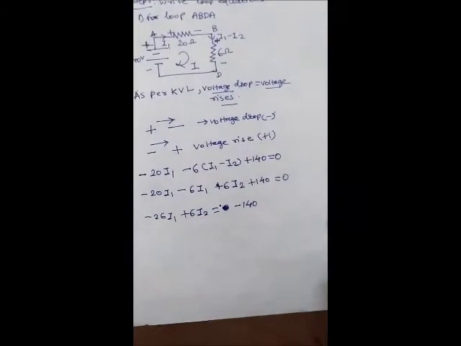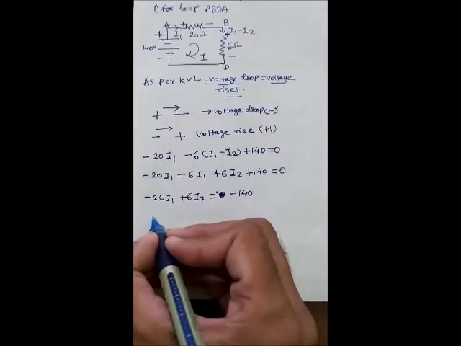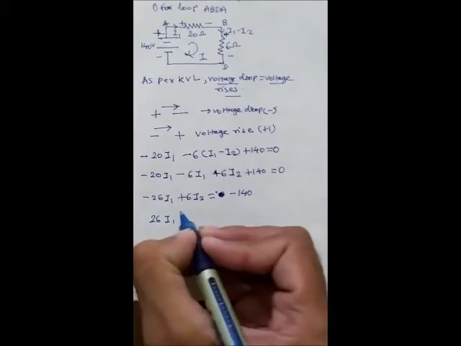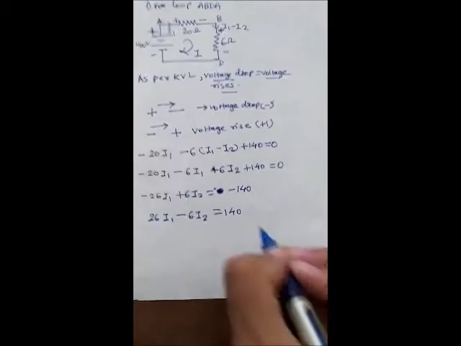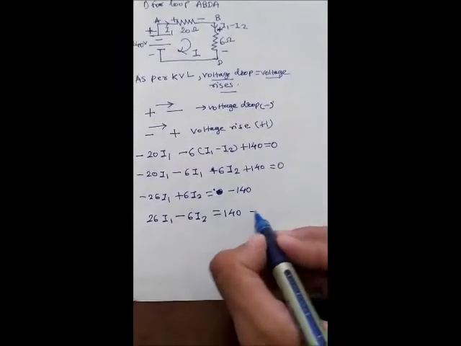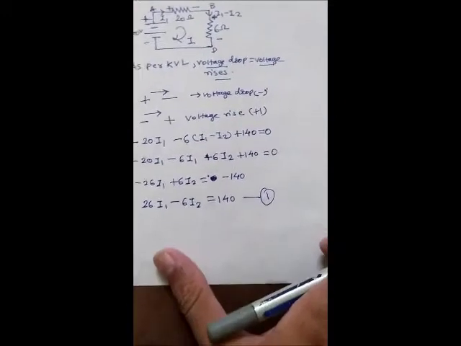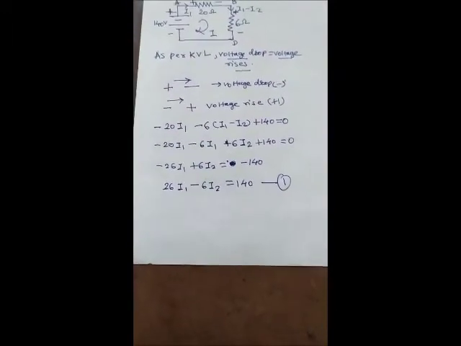Plus 140 moves to the right hand side and becomes minus 140. So I will take out minus sign common. Equation becomes 26 I1 minus 6 I2 is equal to 140. Taking minus sign common. Write down this equation as equation number 1. This is first simultaneous equation for loop 1.